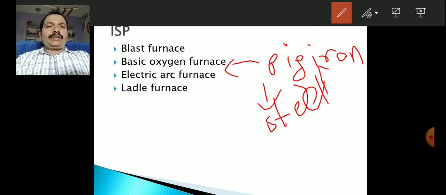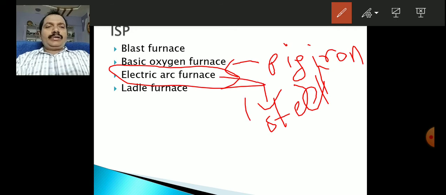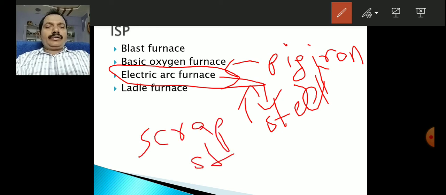And next, this is the electric arc furnace. This may take, in steel making purpose, scrap steel, it will convert that scrap steel into molten steel.